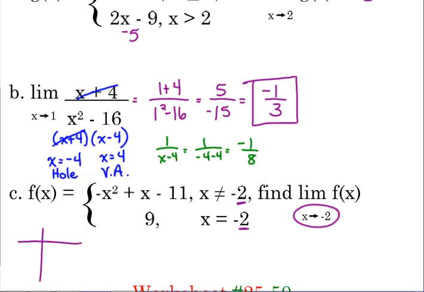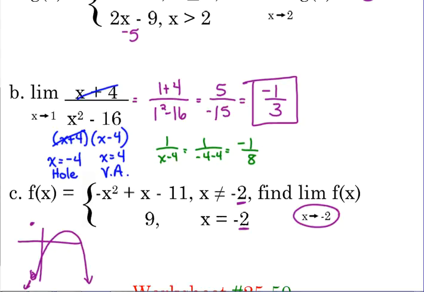This is somewhat of what the graph looks like. It's a downward facing parabola, y-intercept of negative 11. That's about all I know about it. But at negative 2, we have this little bitty hole over here. At negative 2, the parabola doesn't apply, and the y value is way up here at positive 9.